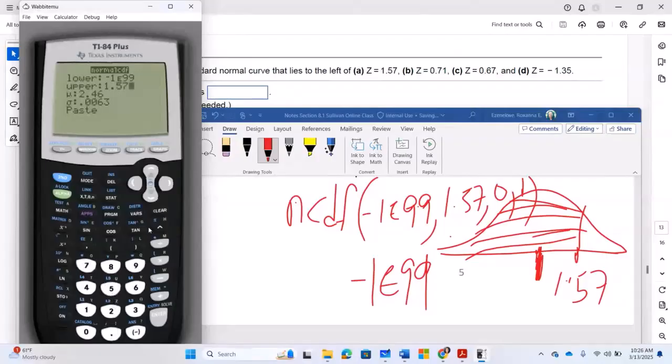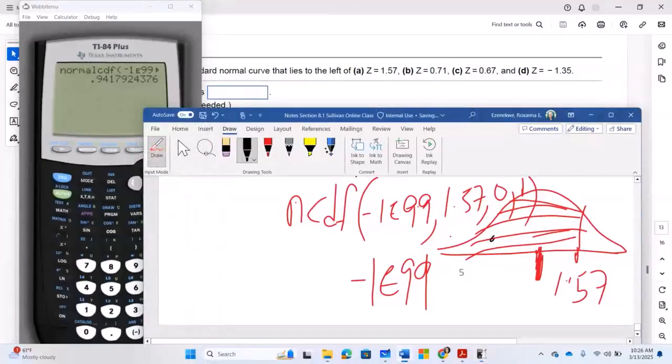The mean of a standard normal curve is 0. The standard deviation of a standard normal curve is 1. And I'm going to paste. Remember, I'm told to find the area to the left. So the area to the left is 94.18%. To 4 decimal places, that area is 0.9417.